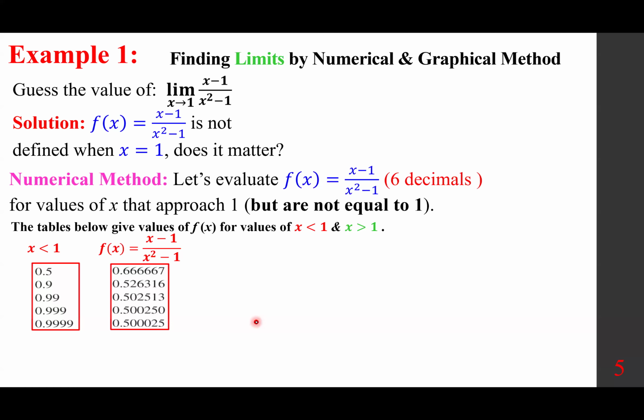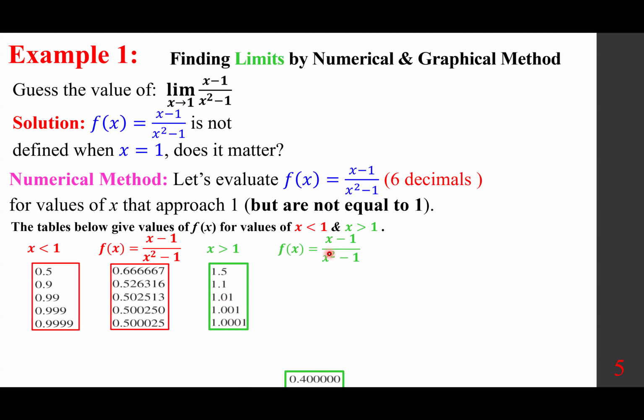So that's from the left. Now from the right, for x larger than 1, for example, 1.5, 1.4, 1.3, 1.2, even 1.1 is way off. So you add some zeros between these two ones after the decimal. As you add more zeros in between, you get closer and closer to 1.